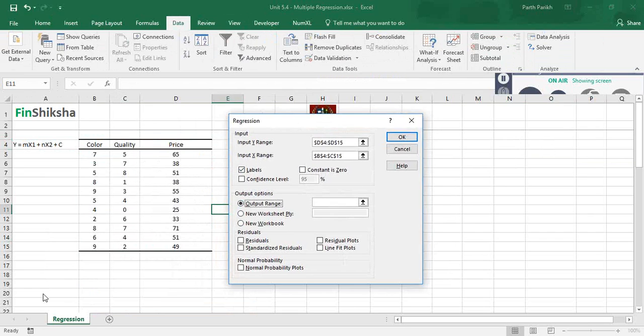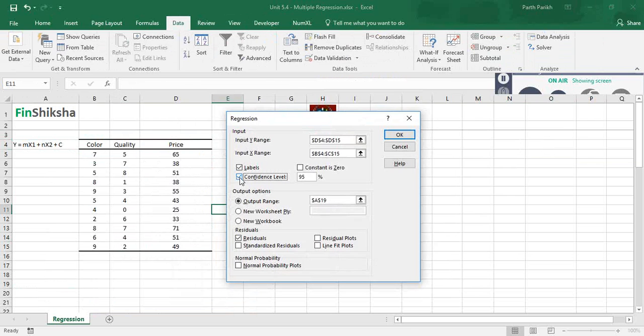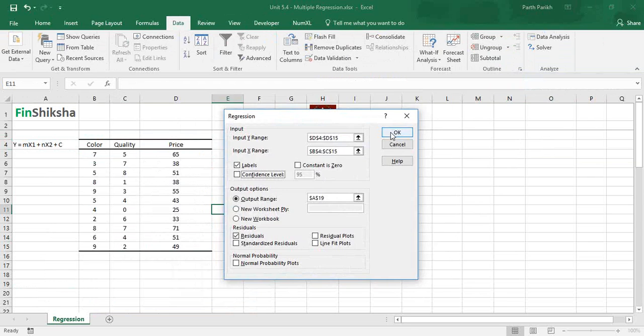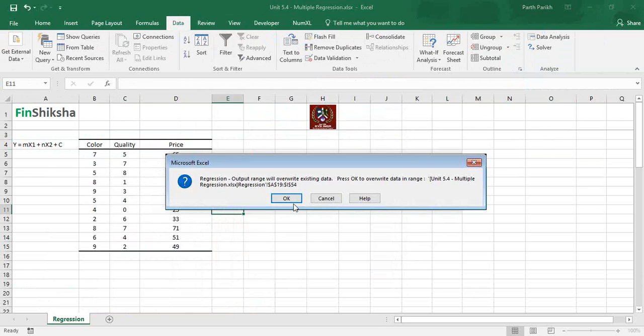Output range, I would take in the same sheet. I don't need the charts, etc. I just need the residuals. That's all. And I click OK, and confidence interval at 95%, or rather I'll remove this and I'll click OK. Override, all right.